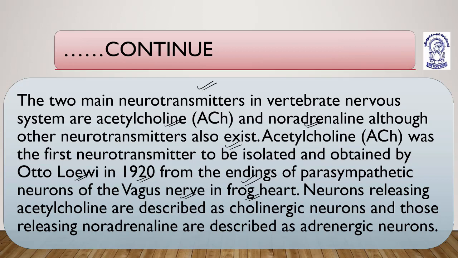Neurons releasing acetylcholine are described as cholinergic neurons, and those releasing noradrenaline are described as adrenergic neurons.